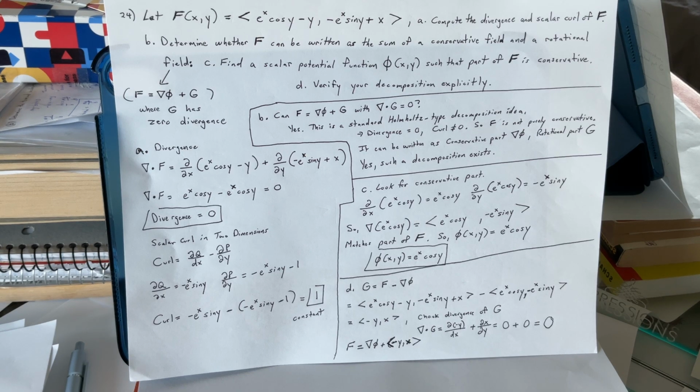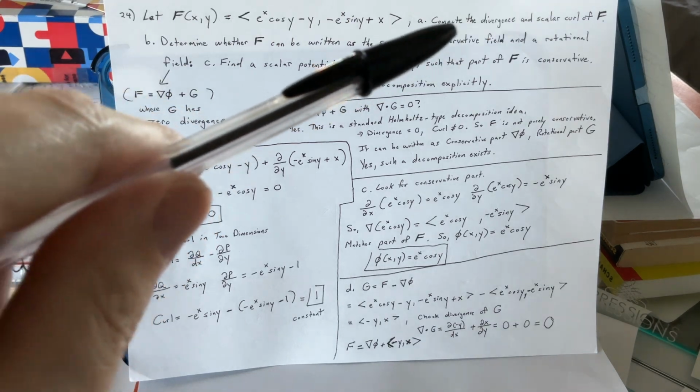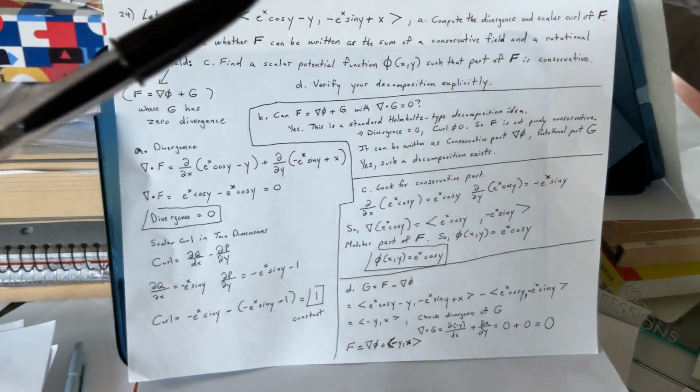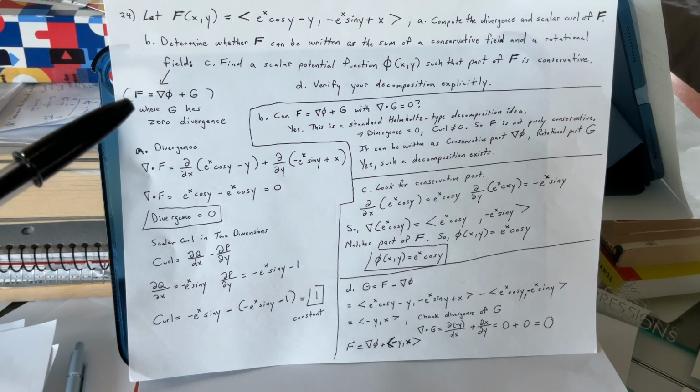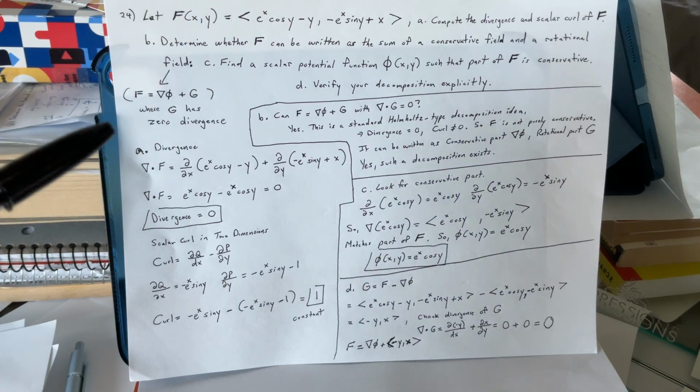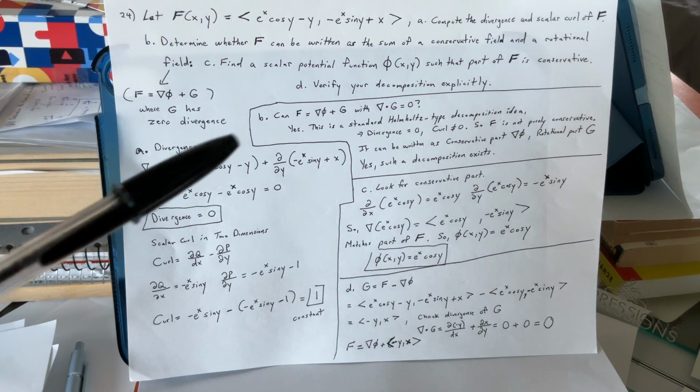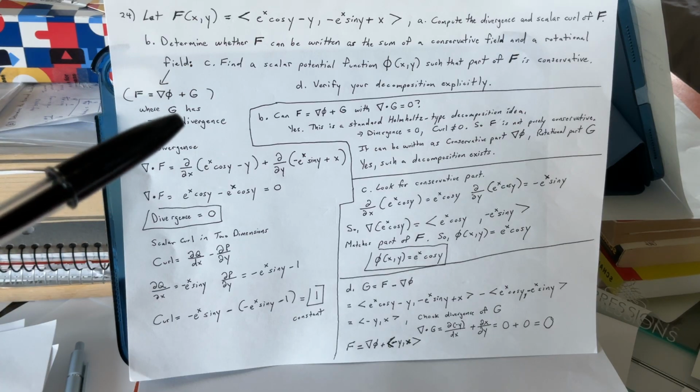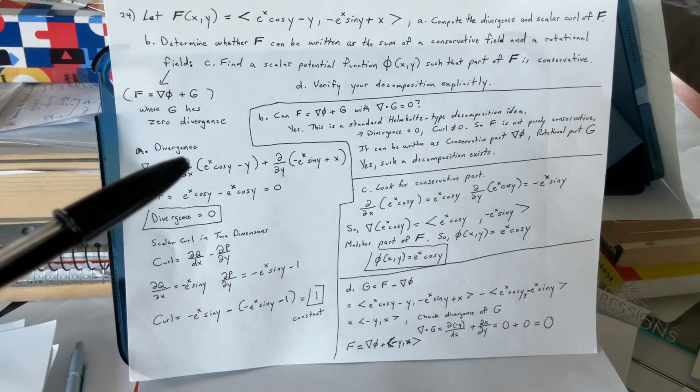Okay, so part A is the most straightforward part. Compute the divergence and scalar curl. Here we want to make sure G has zero divergence in this situation. For B, see where I'm circling here with the pen? This has to do with part B. Going down to the divergence.